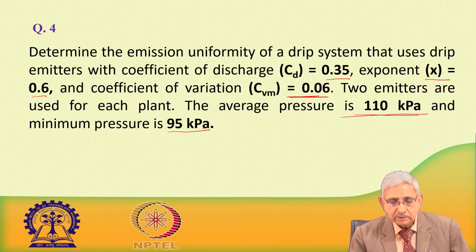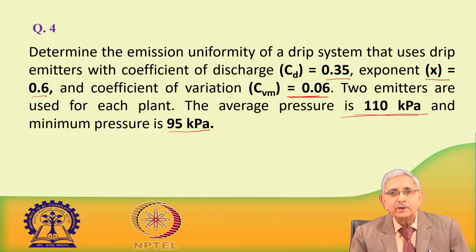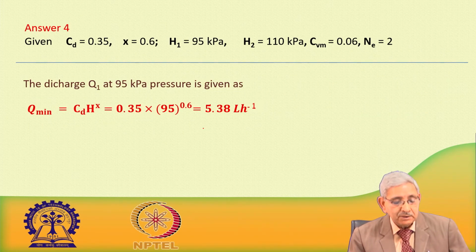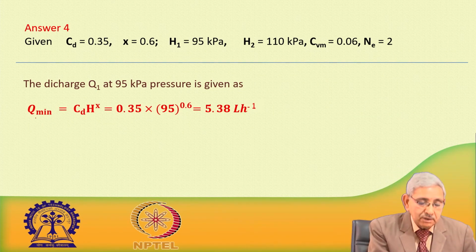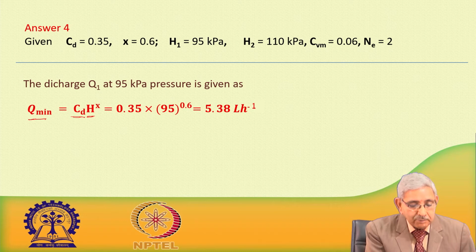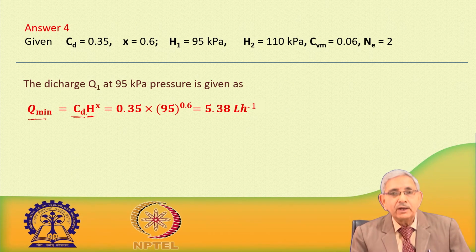We know the discharge from a drip emitter is a function of operating pressure. This is given by the expression that discharge from a drip emitter is the coefficient of discharge times the operating pressure H to the power x.